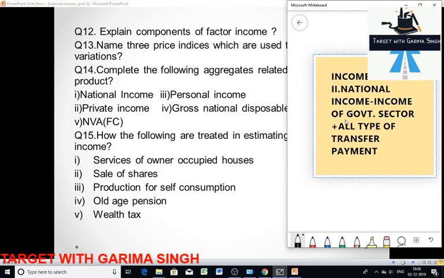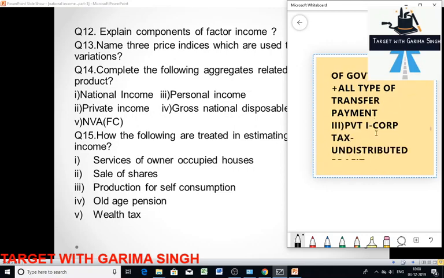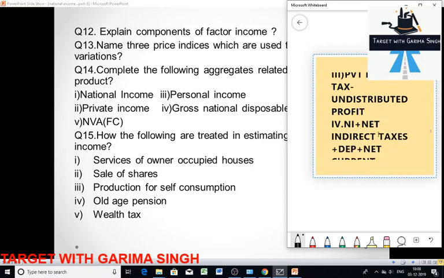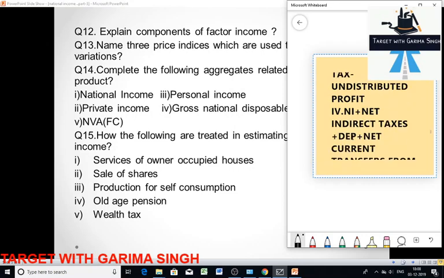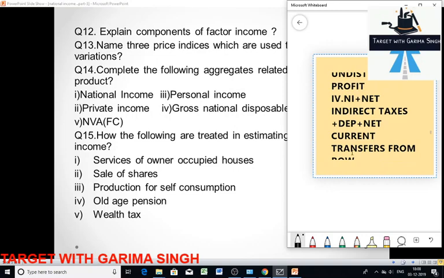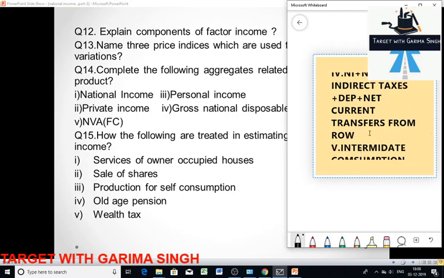When net indirect taxes plus depreciation plus net current transfer from rest of the world are added to national income, then we get gross national disposable income.